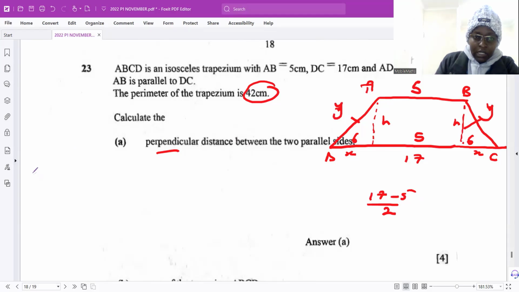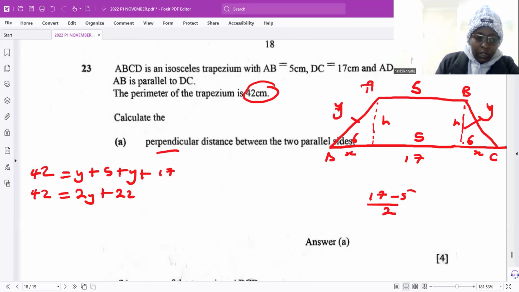So we can say 42 is equal to Y plus 5 plus Y plus 17. So 42 is equal to 2y plus 22. Taking 22 this side, I get minus, so it will be 20 is equal to 2y. So our y is equal to 10.